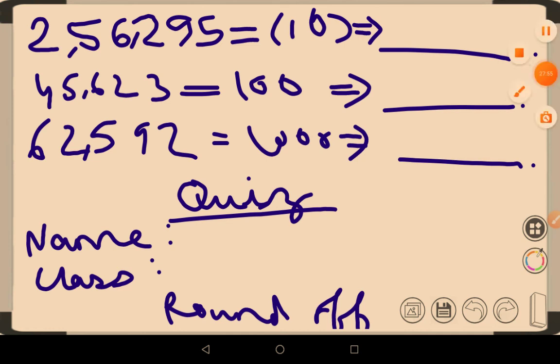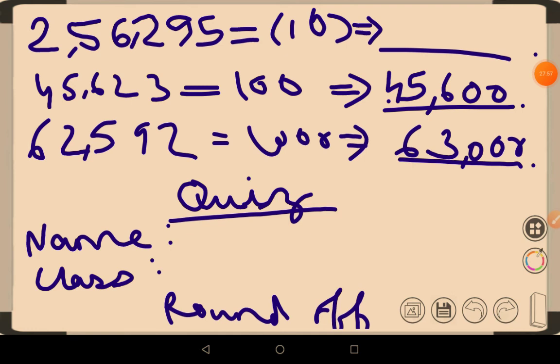Answers are coming on your screen. I've solved only 2 questions because there are hundreds and thousands. You can do the tens one. It's easy. Compare with 5. So 5, what we do is give one over there. Write the answer and send it. If I do not give it in tens, one you can do in hundreds.